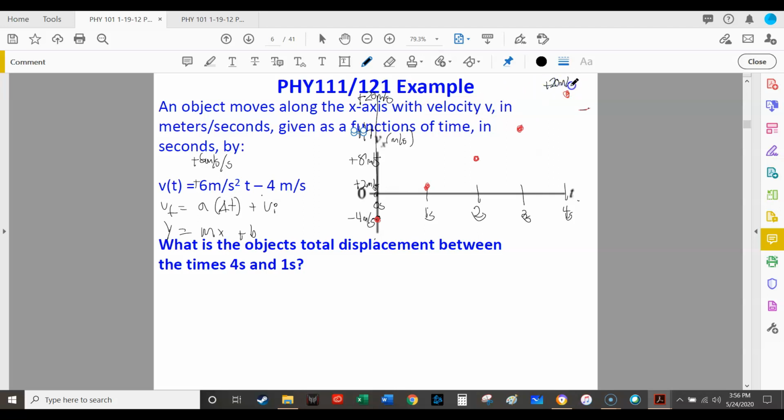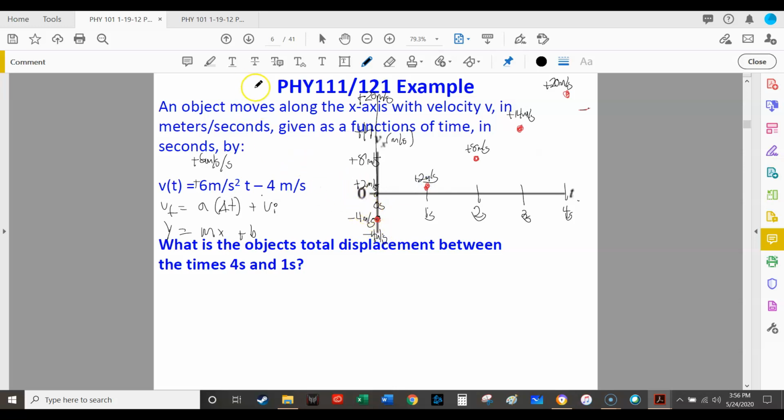This will be 20 meters per second at the 4 second mark. This will be positive 14 meters per second at the 3 second mark. And then you got positive 8 meters per second, positive 2 meters per second. Then you have negative 4 meters per second. Okay.